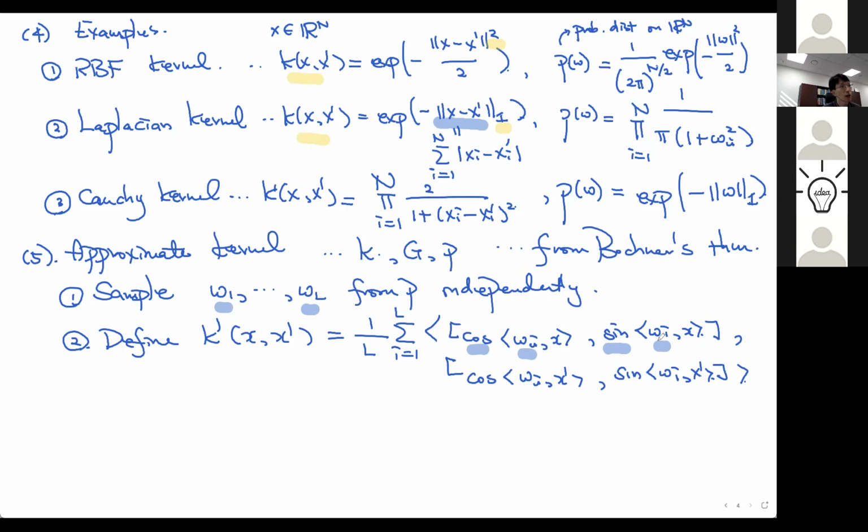Because we have L many Wi's, we have 2L features generated from these samples. These Wi's are random, so this is really a set of randomly generated features, and K prime is also random. But once the Wi's are all generated, the features become fixed, and we use those features to define K prime. The constant doesn't matter.